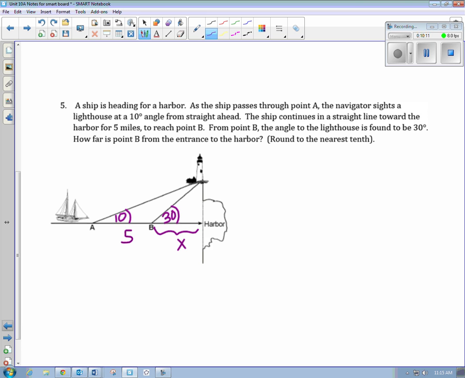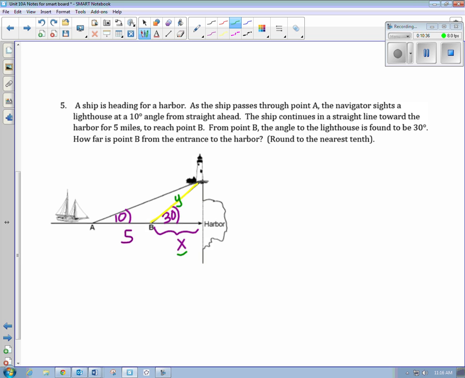So when I go through and I start working on this particular question, I'm going to work on finding the shared side first. In other words, my two triangles share this side, and that side is the link between the two triangles. So if I'm going to find out information for side X, which I have right here, I'm going to have to figure out Y first.